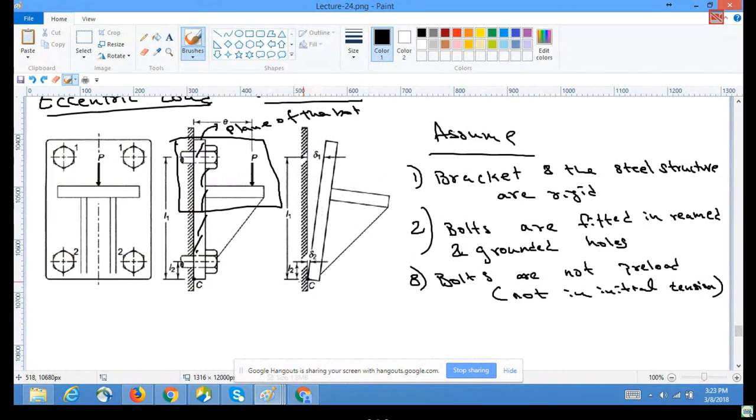From C, the distance to the center of bolt 2 is L2, the distance from this hinge, where the plate is rotating, to the center of the top bolts is L1. Now let us calculate the direct shear with these assumptions.